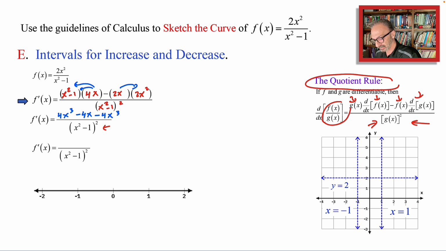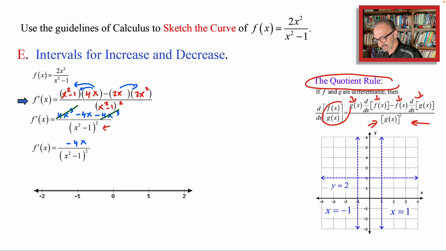Now notice that this cancels this right here. So we end up with negative 4x. Now the first derivative is minus 4x over x to the second minus 1 to the second.